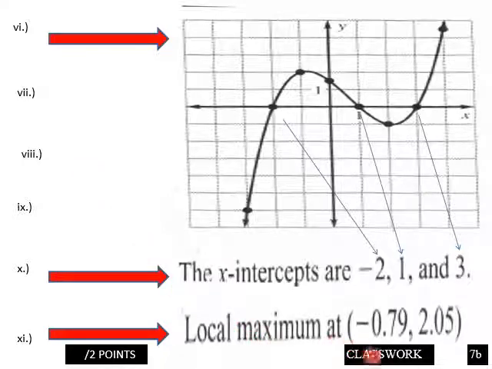And the local max is at negative 0.79, which I guess would be right about here, and 2.05. So it'll be approximately there.